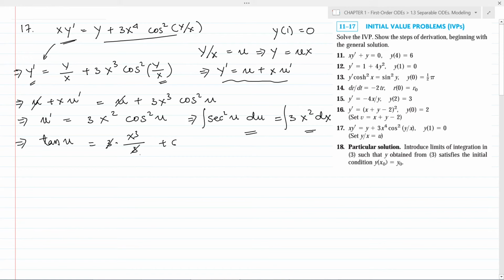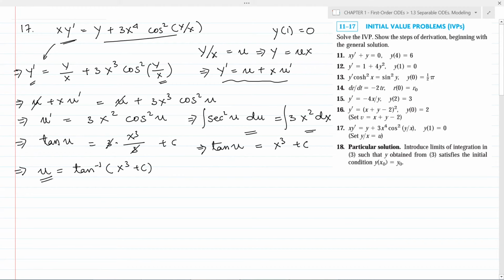These 3's cancel out and this can be written as tan u = x³ + c, or u = tan inverse(x³ + c).